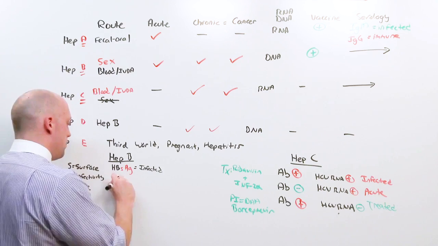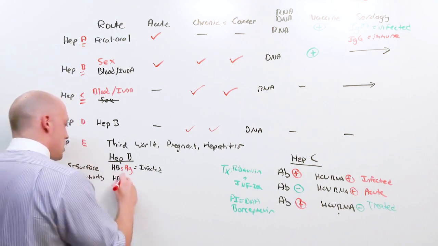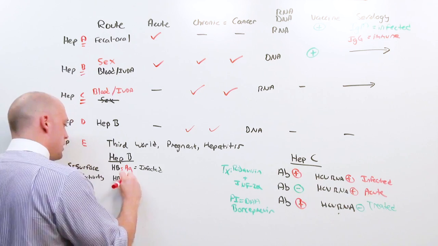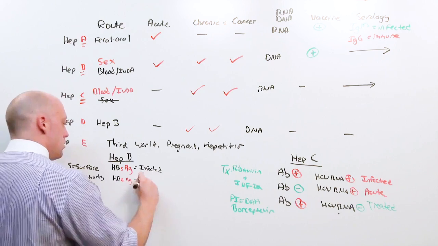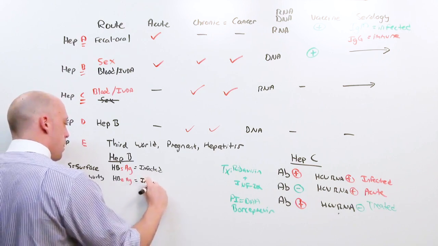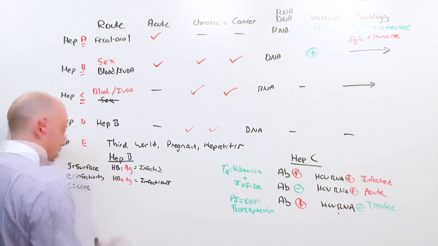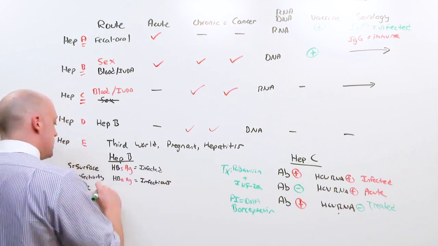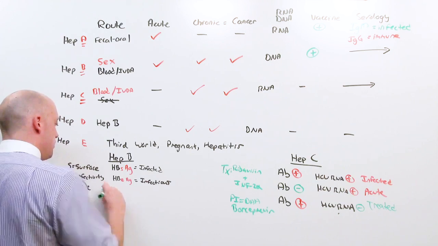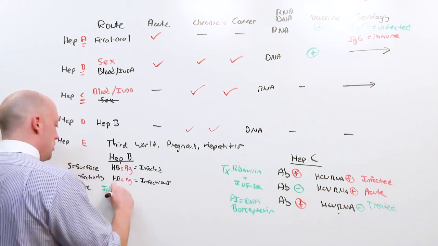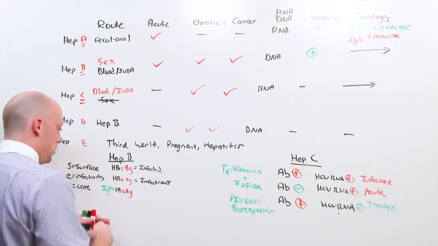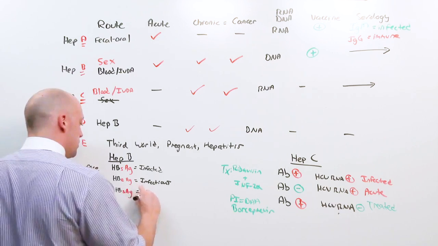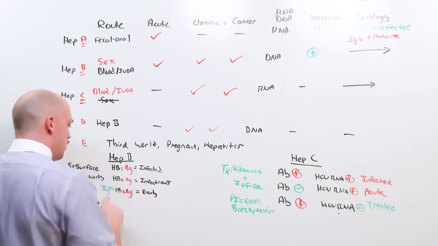If you have the antigen of infectivity, you are infectious. If you have the antibody, IgM, to the surface antigen, you are in an early infection. You know that it's early because of IgM.